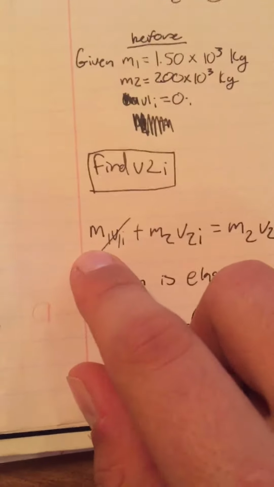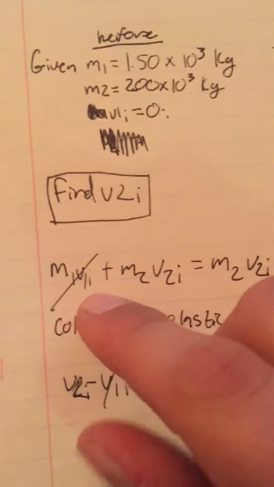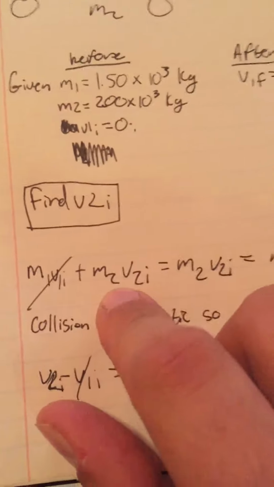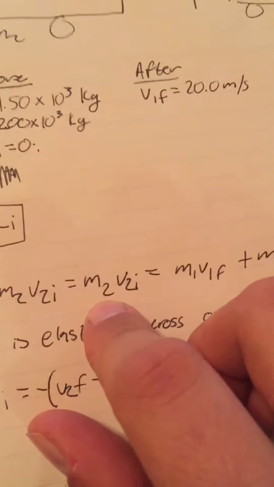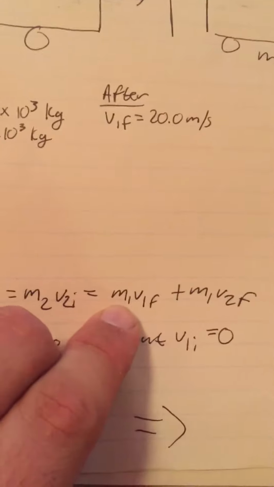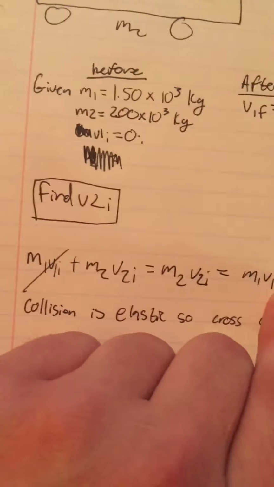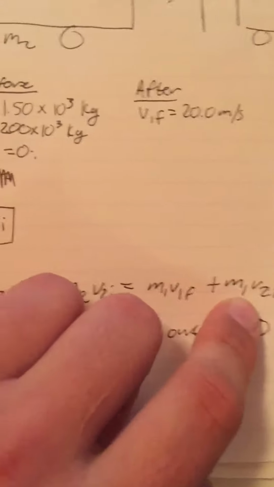So we have mass 1 velocity 1 initial plus mass 2 velocity 2 initial equals mass 1 velocity 1 final plus mass 2 velocity 2 final.